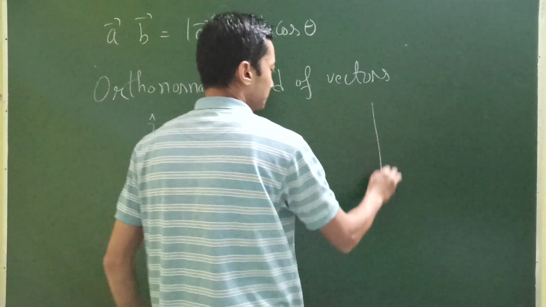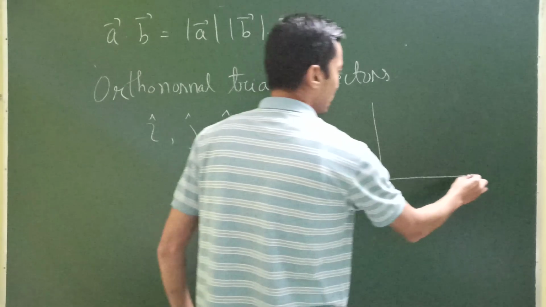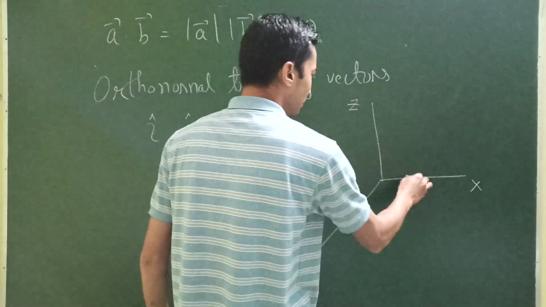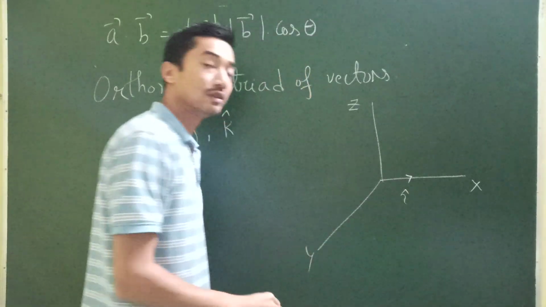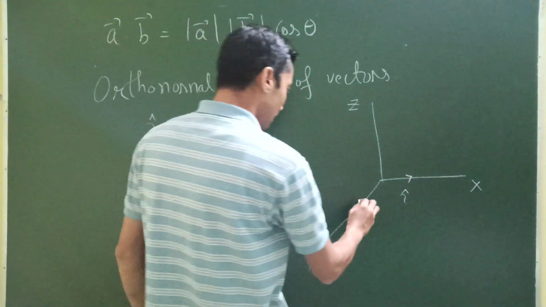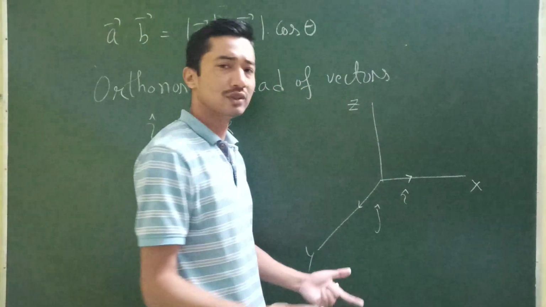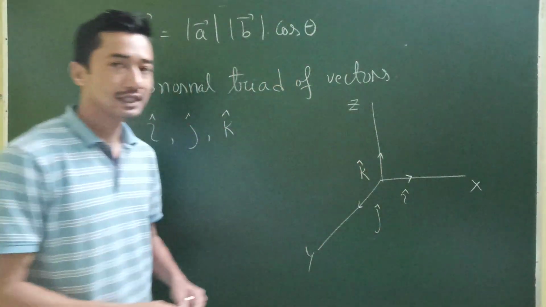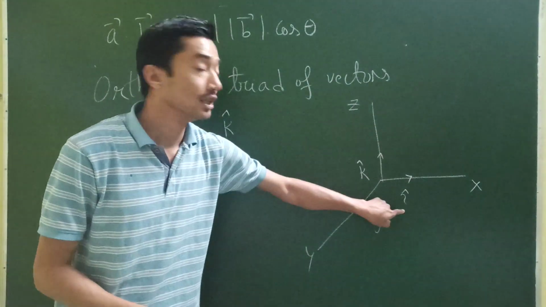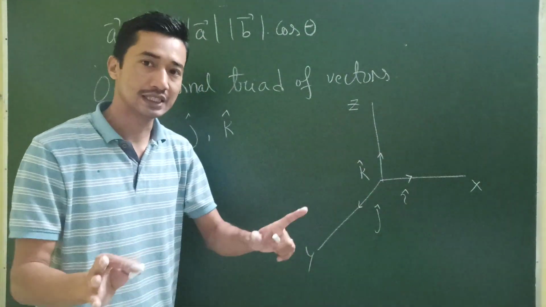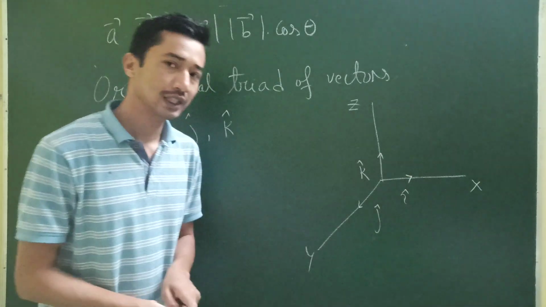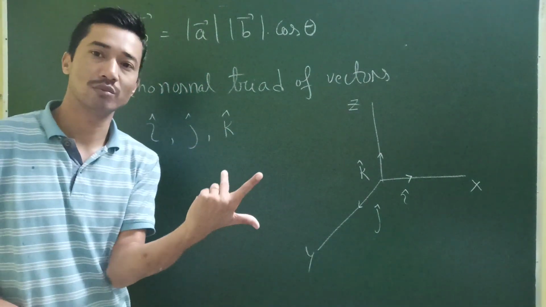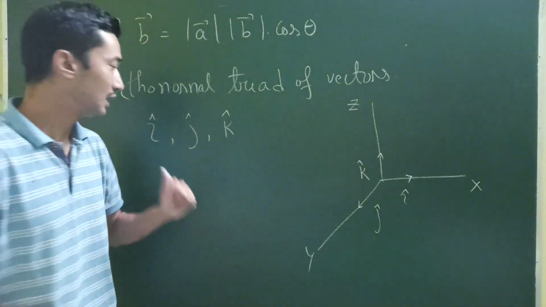No matter in what direction you use, x, y, z, whatever direction, i cap represents the unit vector of the x-axis, j cap represents the unit vector of y, and k cap represents the unit vector of the z-axis, and they are perpendicular to each other, isn't it? Just like Fleming's left hand rule, they are always perpendicular to each other, no matter the direction that you take.